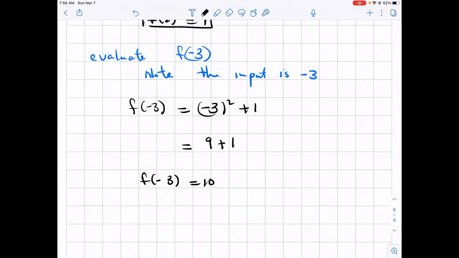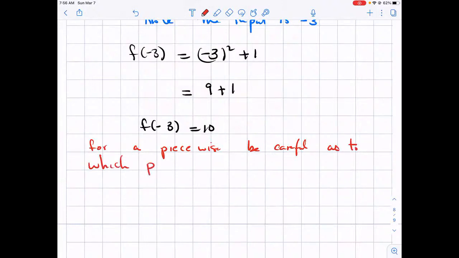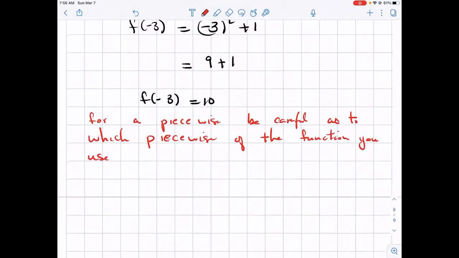Okay. So be careful for piecewise functions. For a piecewise function, be careful as to which piece of the function you use as you evaluate.